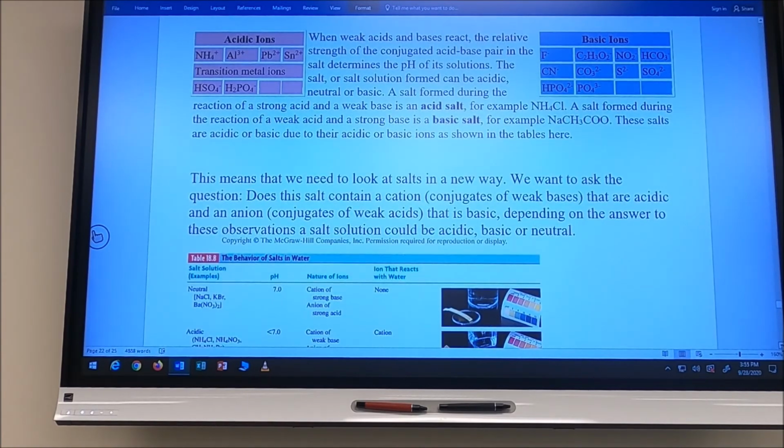When a weak acid and a base react, the relative strength of the conjugate acid-base pair in the salt determines the pH of the solution. The salt solution could be acidic, basic, or neutral depending on what the anions and cations are.